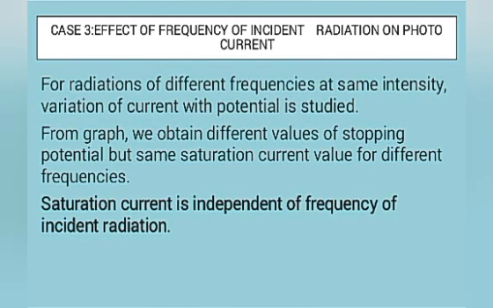From the graph, we obtain different values of stopping potential but the same saturation current value for different frequencies nu1, nu2, nu3. The value of saturation current is independent of the frequency of incident radiation.